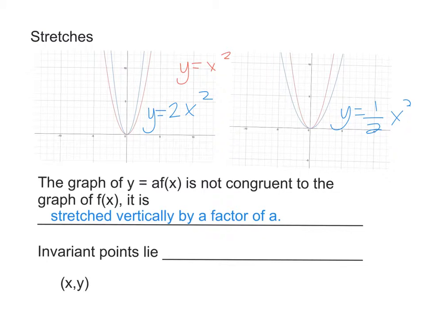Do we have invariant points? The invariant points lie on the x-axis. Did anybody come up with a mapping rule? x, y goes to x, and then y times the a value. Right. So xy maps to x and ay. x stays the same, the y value is multiplied by a.